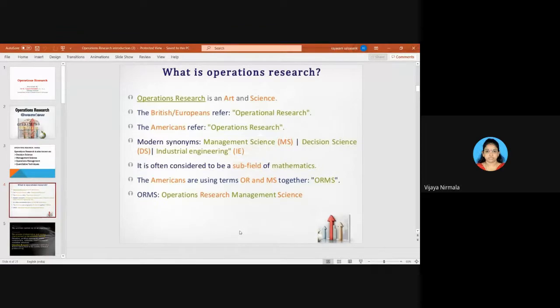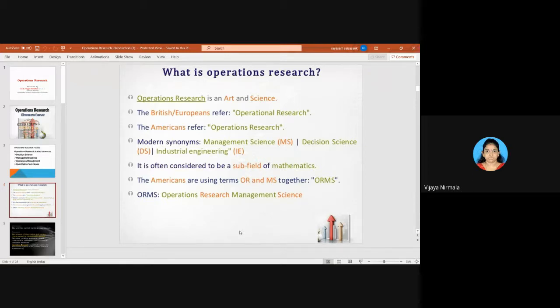And in modern terminology, they are using synonyms for operations research like management science, MS, decision science, DS, and industrial engineering, IE. In engineering, they use these synonyms for operations research, and it is often considered to be a subfield of mathematics.